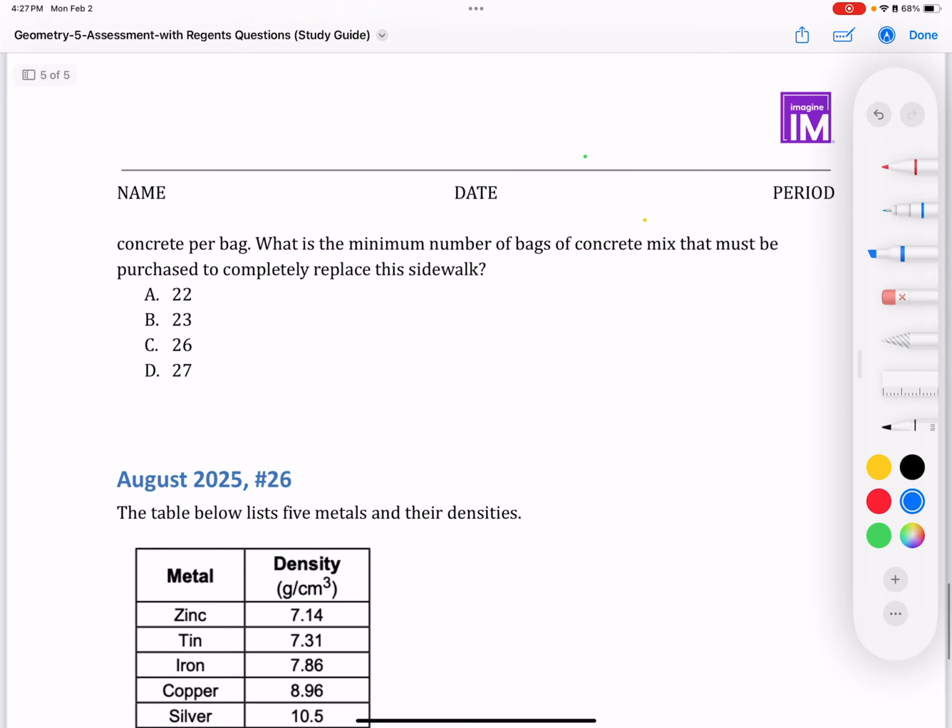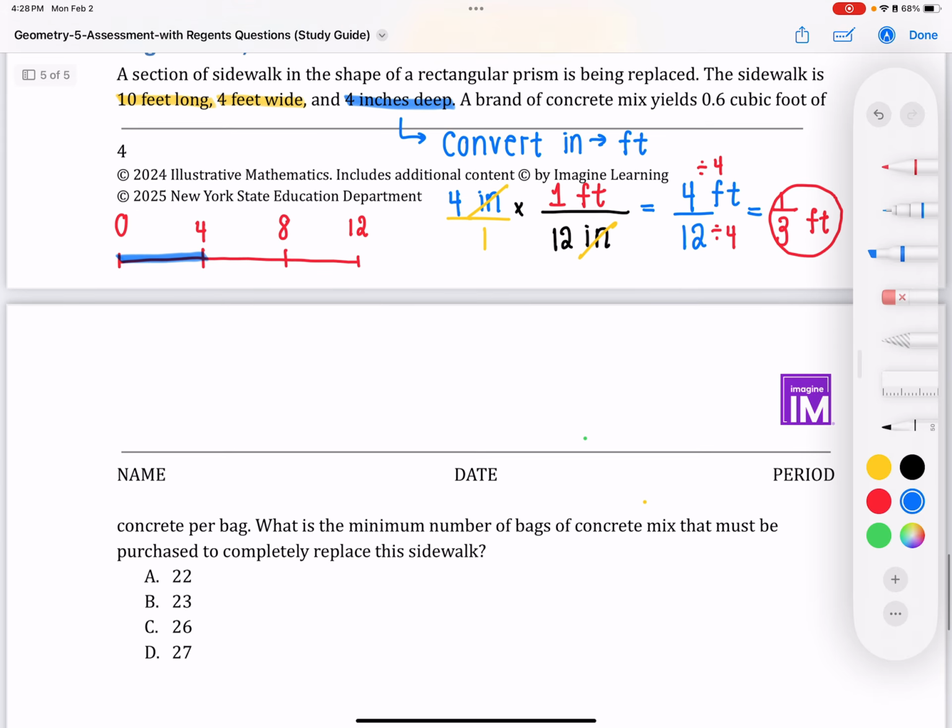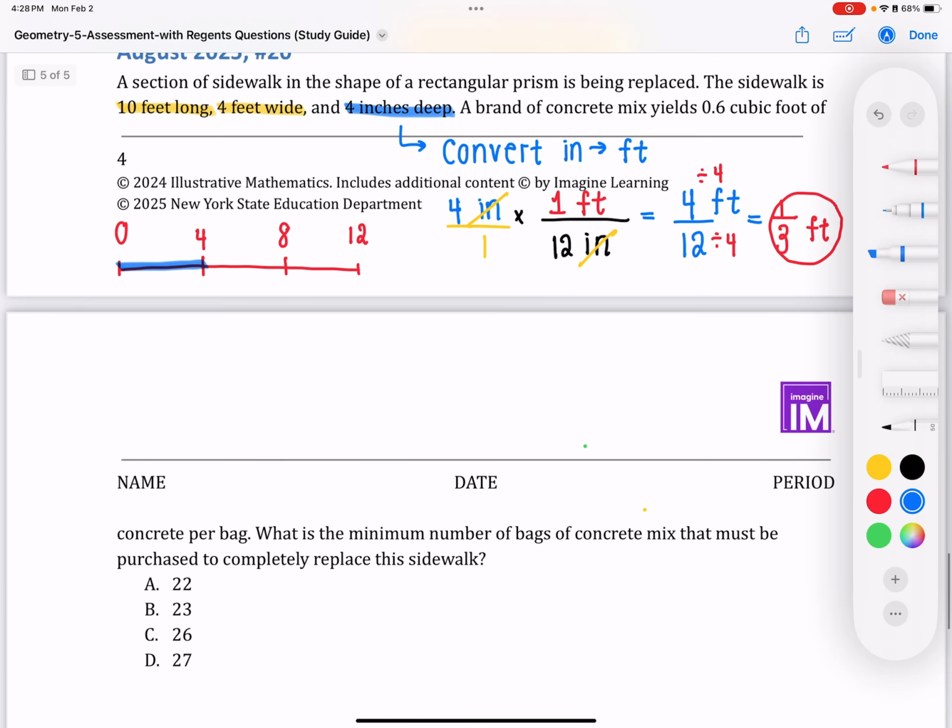Alrighty, keeping that in the back of our minds now, we're going to calculate the volume. So volume for a rectangular prism is just, so volume for any prism is capital B times H, right? And as practice, we're going to look for the area of the base.